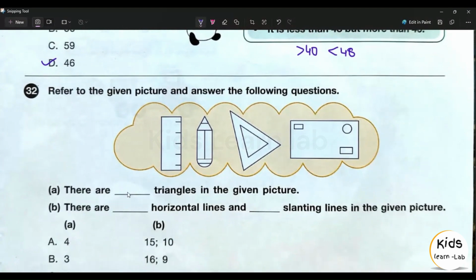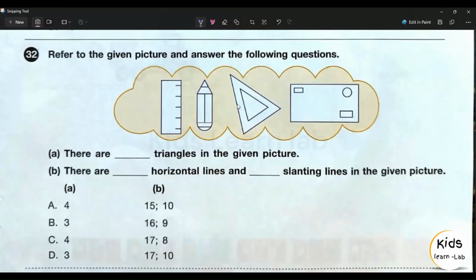32nd question, refer to the given picture and answer the following questions. There are dash triangles in the given picture. 1, 2, 3, 4. 4 triangles are there in the given picture.